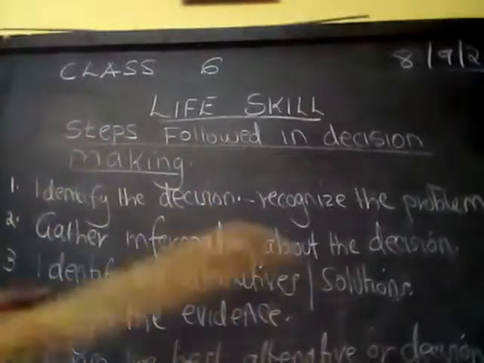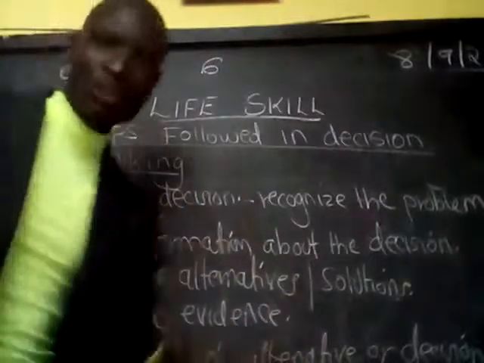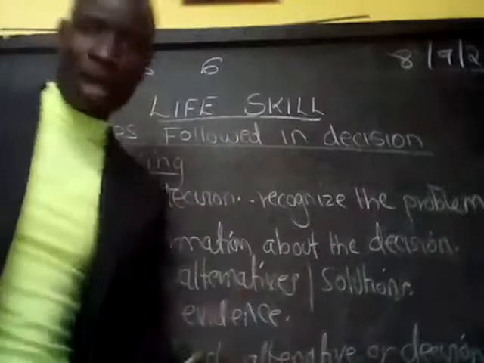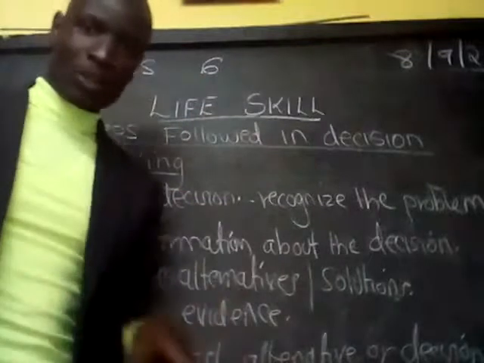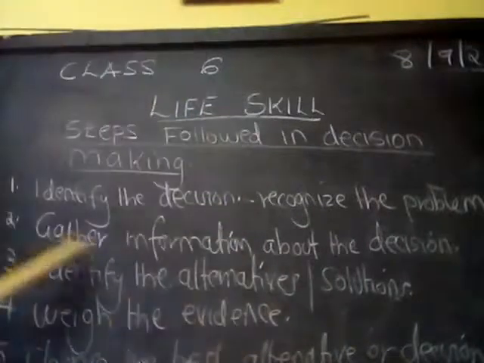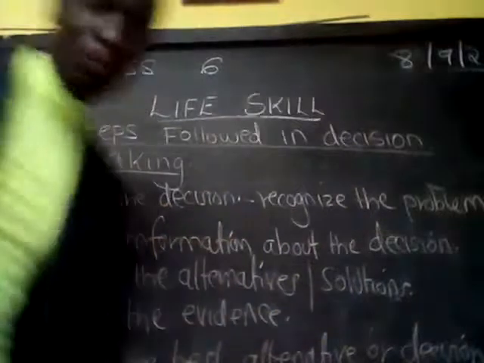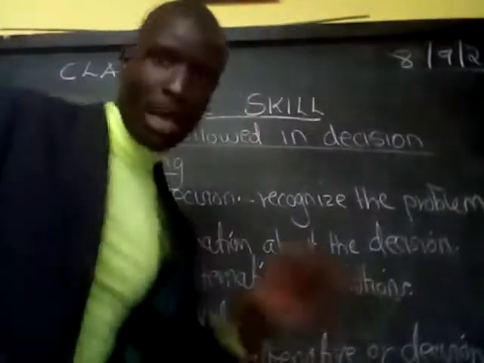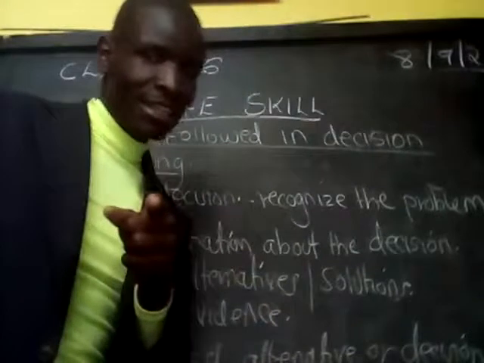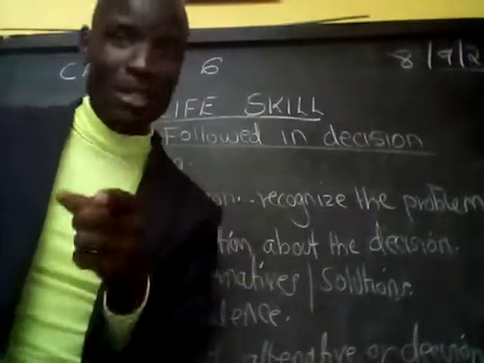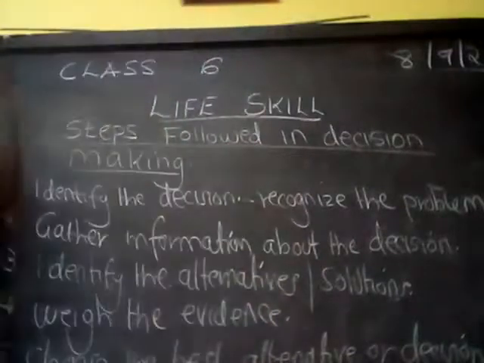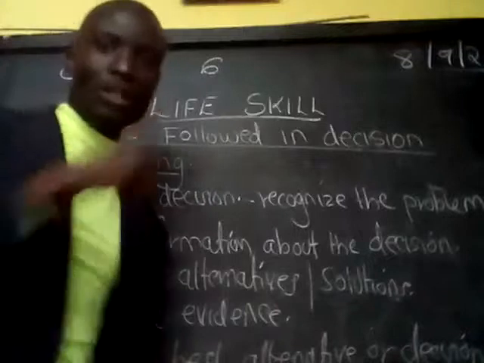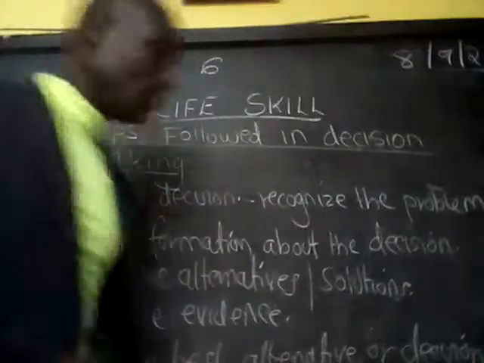After identifying a problem, an issue that has occurred, how are we going to make a decision on it? You have to gather information about this decision. When you decide, okay, let's go, are your parents aware? If they are aware, have they accepted, or did they tell you no?